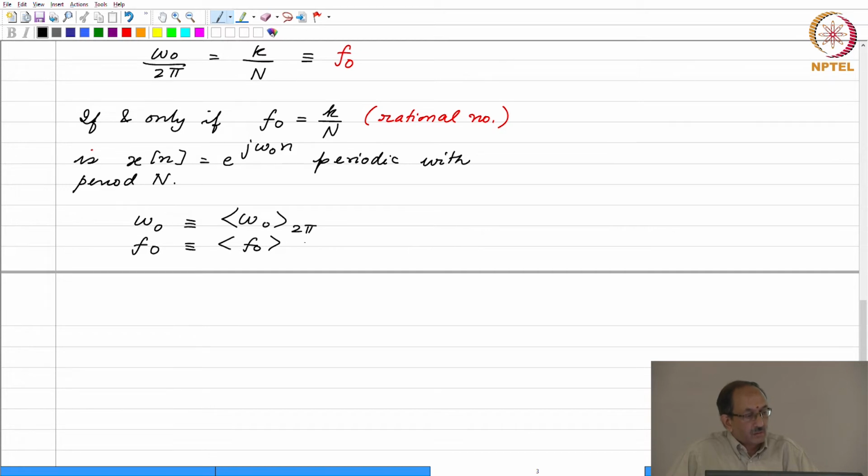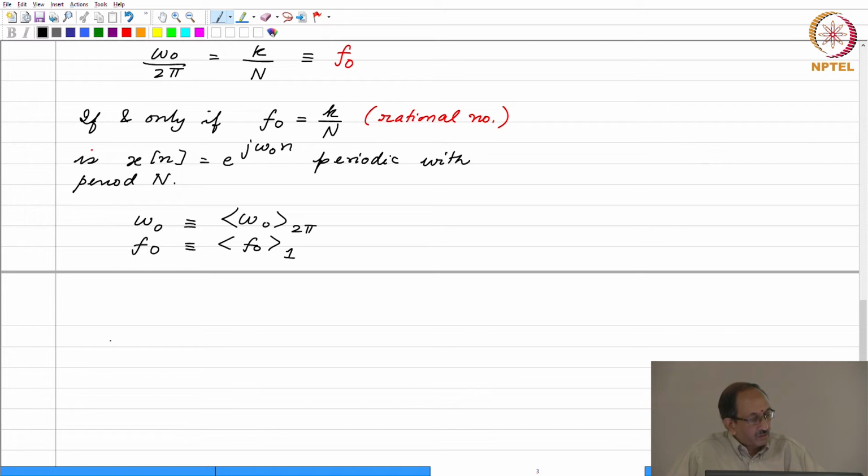Mod 1, right? Because if omega naught is mod 2 pi, since f naught is omega naught by 2 pi, little f naught has to be in the range 0 to 1 or between minus half to plus half.